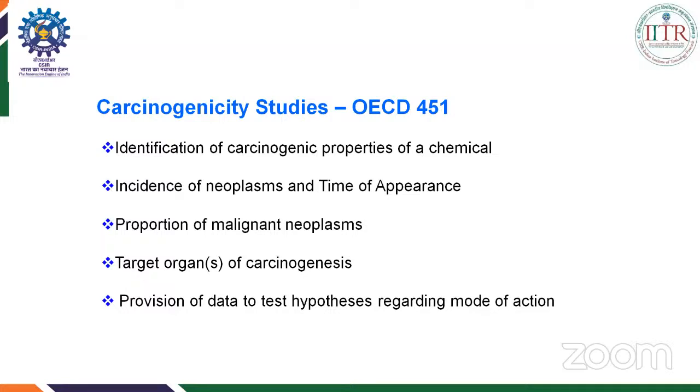In a chronic toxicity study, it is mostly restricted to target organ toxicity. But in a carcinogenicity study, you are looking at the occurrence of neoplasms.